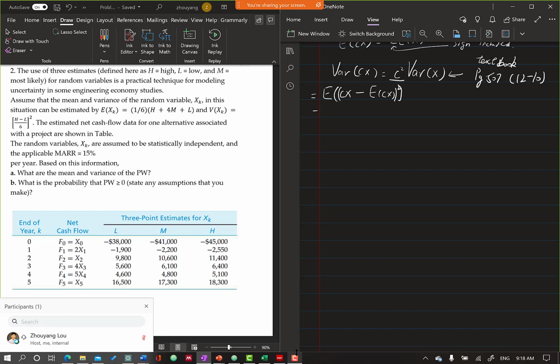Then we can expand the equation inside. So we have Cx squared minus 2 times Cx times the expectation of Cx plus the expectation of Cx squared.